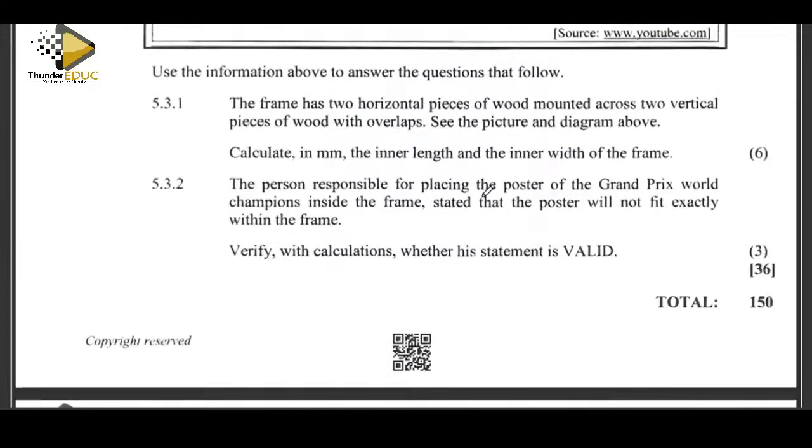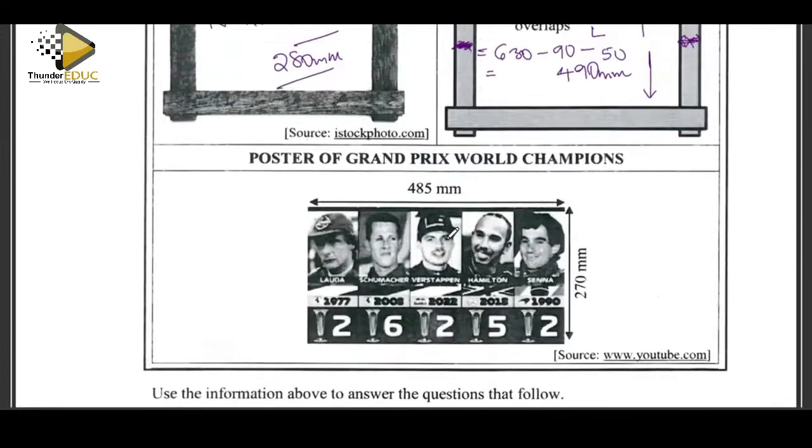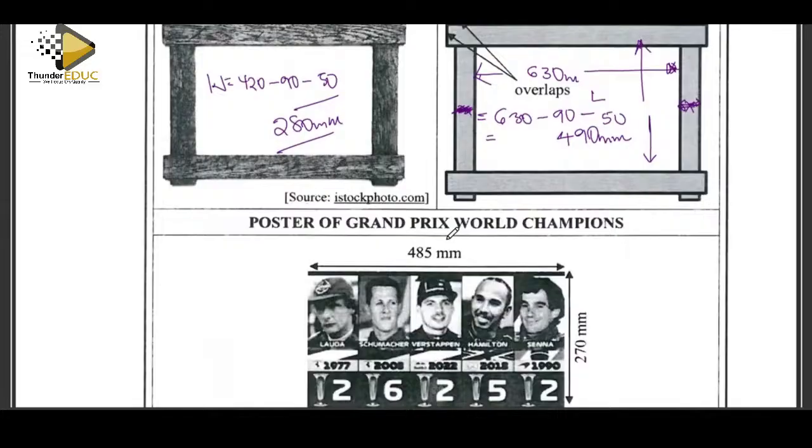So let's look at this. The person responsible for replacing claims that it's not enough exactly within the frame. Verify showing all calculations. Remember, we've just got the inner one. We've just got it as 490. What we're going to do, we are comparing 490 minus.